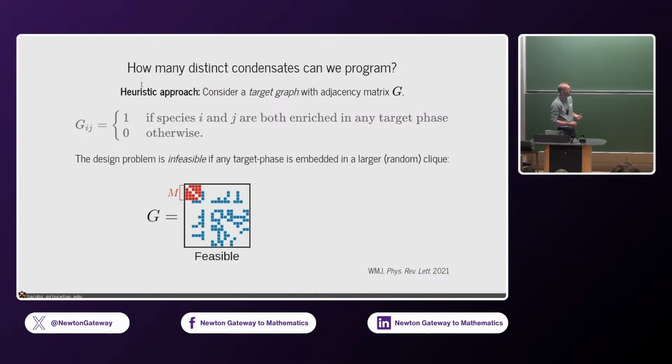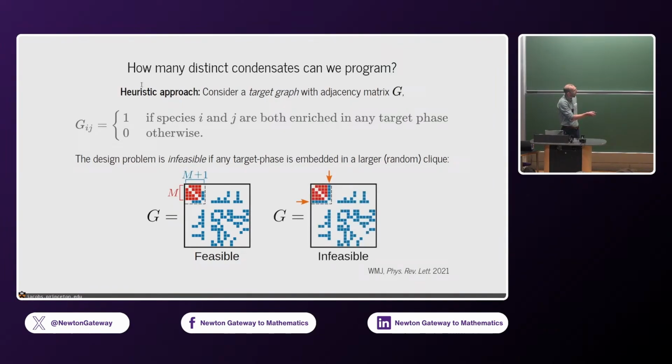That gives us this matrix. And one can show that in this particular limit, this design problem is infeasible if it just so happens that any of our target phases end up being embedded inside of a clique of a larger size in this matrix.